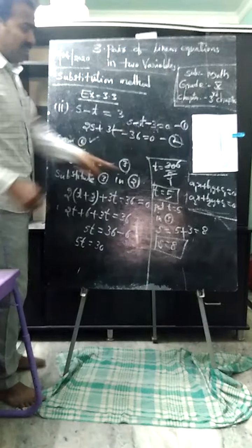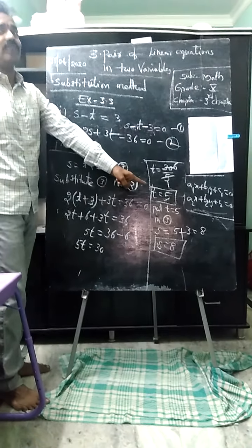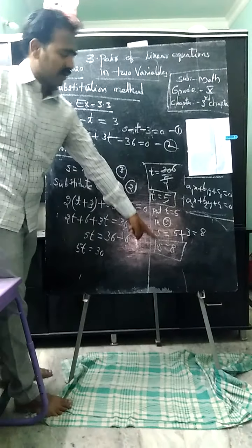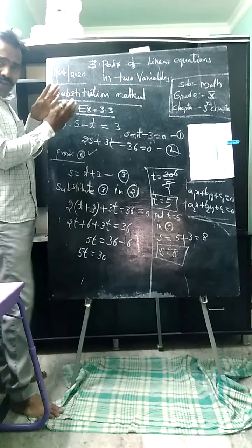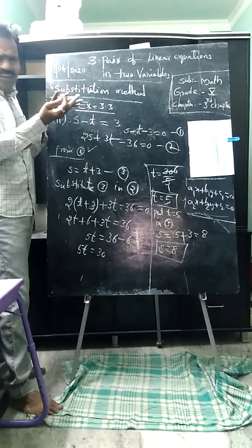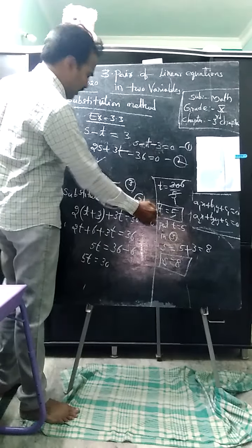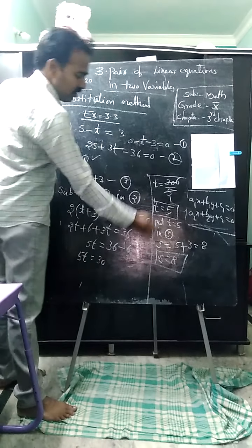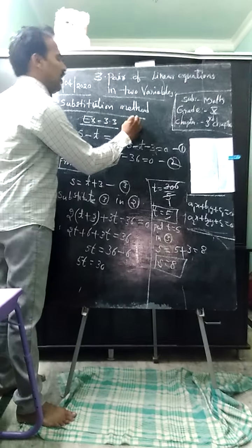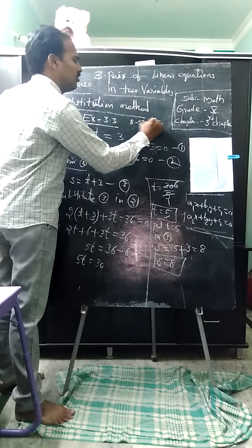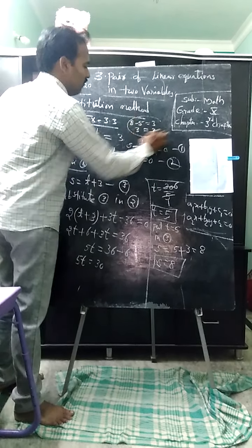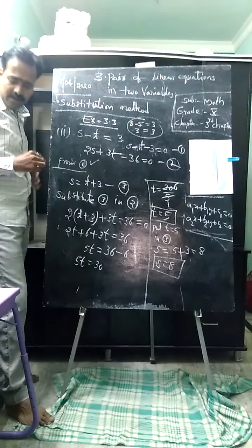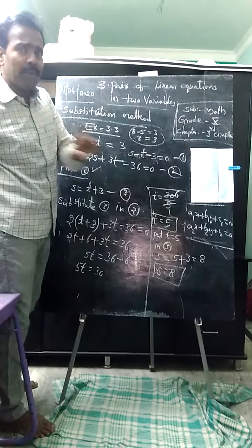If you want to check whether our solutions are correct or not, substitute in any one of the equations or both equations, that is up to you. Now t value is how much? 5. s value 8. 8 minus 5 equal to 3. 3 equal to 3. Verified. So our answer is correct. Verification is not a part of the problem.